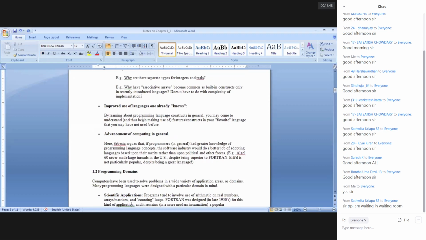So, improved use of languages. By learning about programming language constructs in general, you may come to understand features and constructs in your favorite languages that you may not have used before.